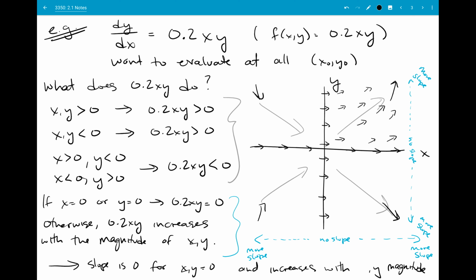Same idea in the negative side. We've got very steep, far from the origin, becoming less steep as we get closer to the origin. Like that.